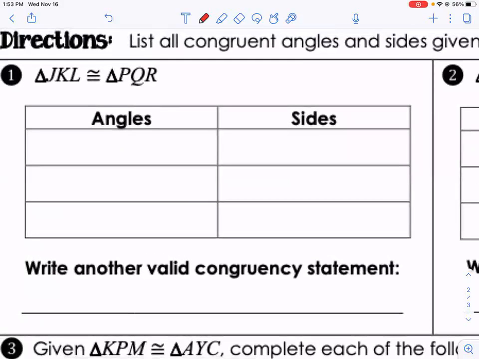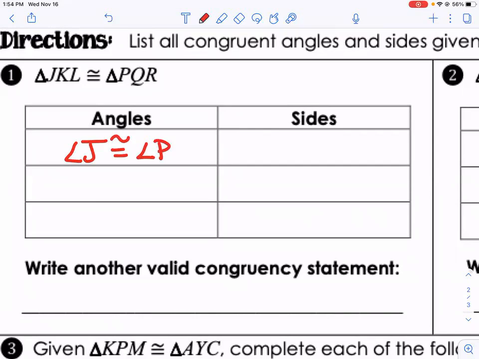So even without a picture, we can say what parts are congruent. Addie, which angle is congruent to angle J?